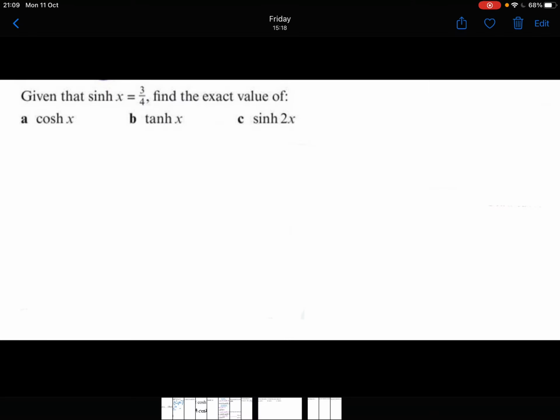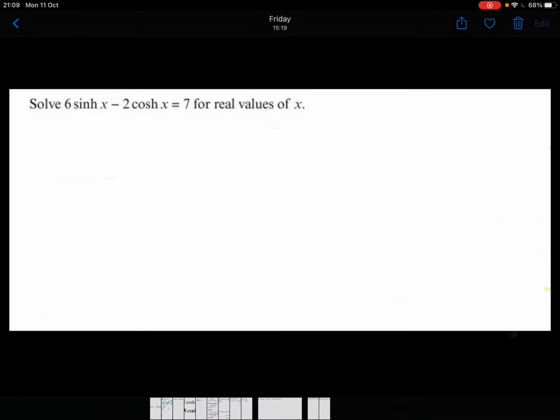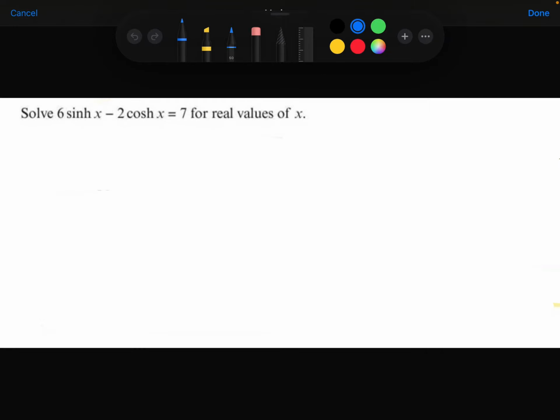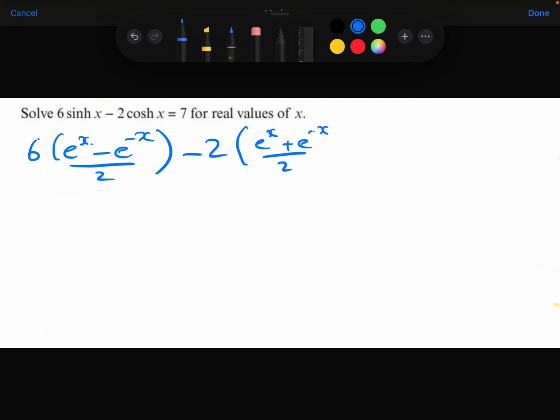Now, just to finish off this video, we're going to look at some equations to solve. This first one won't need any identities, but the other ones will. So this first one says solve 6 sinh x minus 2 cosh x equals 7. Now, we don't need any identities because we can turn the sinh quite easily into e to the x minus e to the minus x over 2, and we can turn the cosh into e to the x plus e to the minus x over 2.